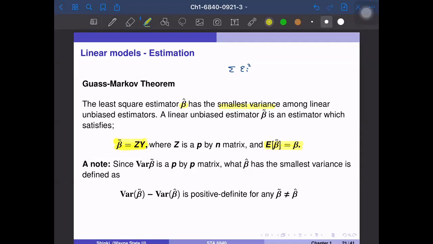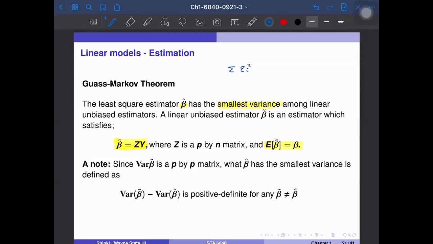So if we have many data sets and we have many estimates of beta tilde, on average, that approaches beta. So as long as we assume beta tilde has these properties, beta hat is the best one among these. And here, I would like to explain the meaning of this smallest variance.